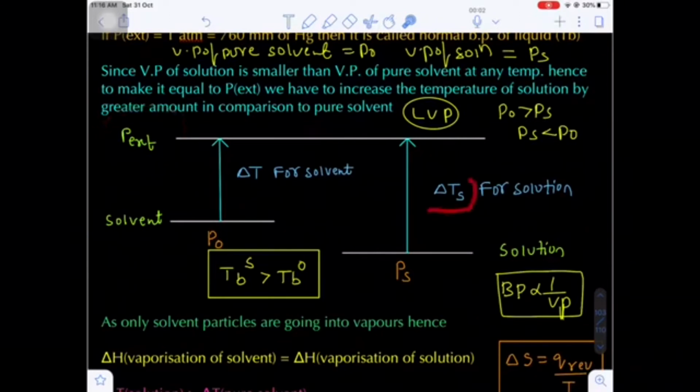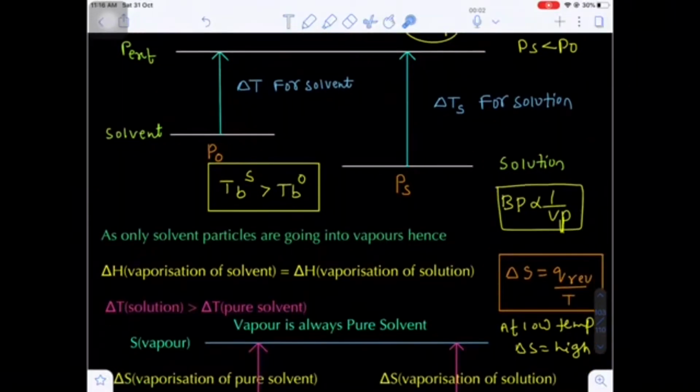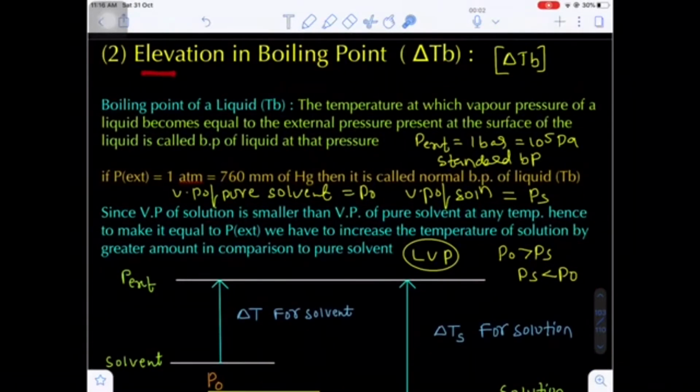That's why the boiling point of a solution is always greater than the boiling point of the solvent. Suppose the boiling point of the solvent is TB0, whereas the boiling point of the solution is TBS. Here S stands for solution and 0 stands for the pure solvent. So obviously the boiling point of a solution is always greater than that of the solvent, and the difference between these two boiling points is nothing but the elevation in the boiling point.